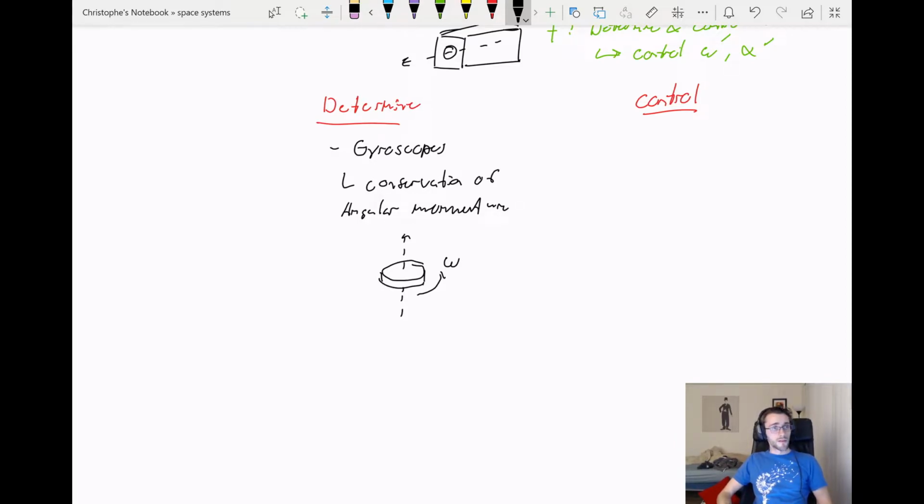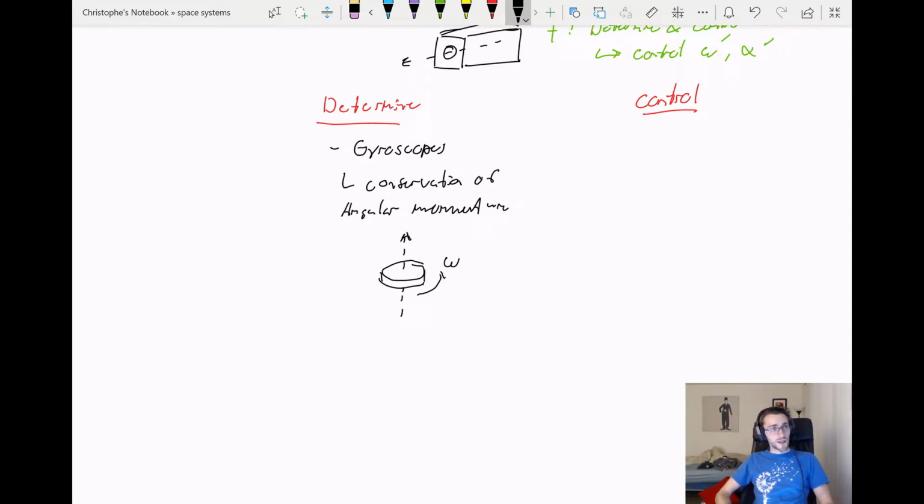Now, in a frictionless environment, it'll keep that vector of rotation. Using the right-hand rule, we can tell that if it's rotating counterclockwise, the vector of its rotation is up.